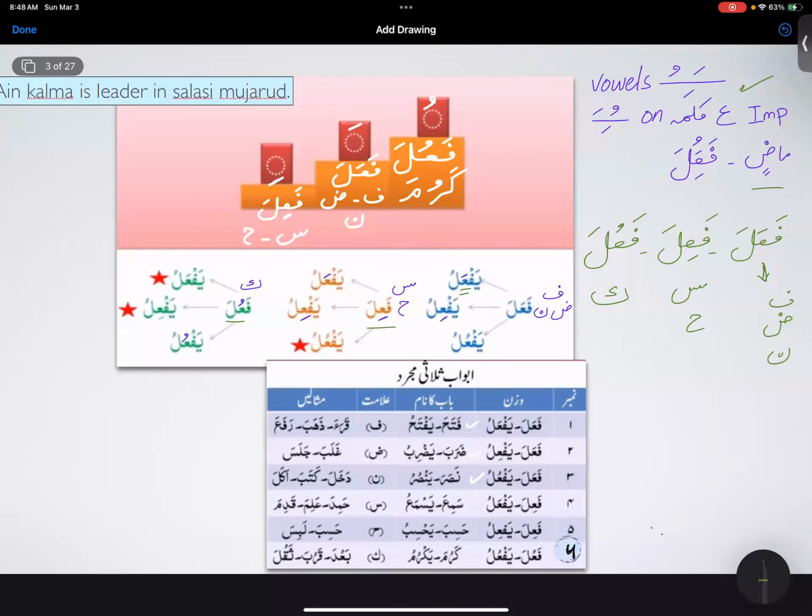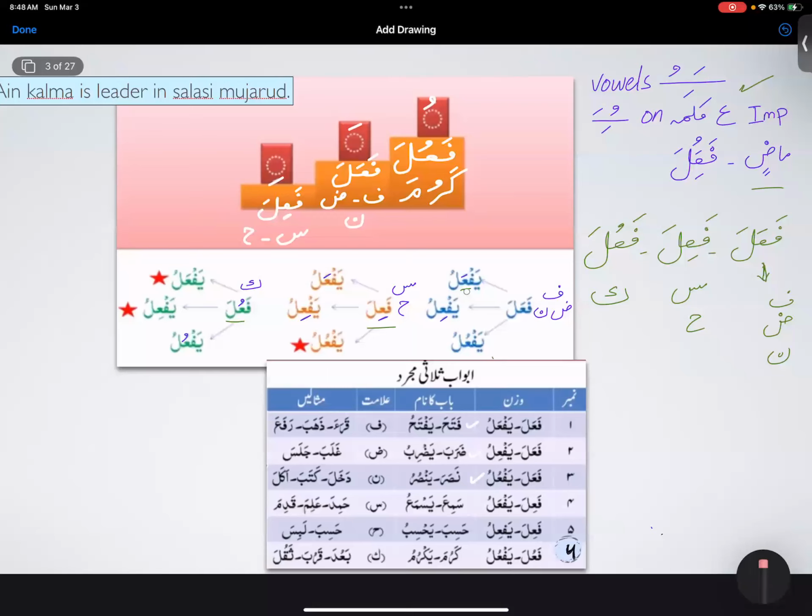These three should be the variations. Can we have any fourth variation? No, not possible. We have only fatha, dhamma, and kasra. These are three vowels only, and we have all three of them. So these should be our three variations for mudariya.